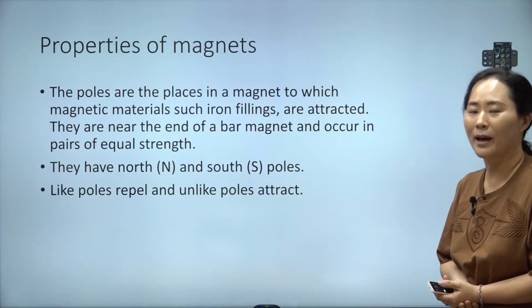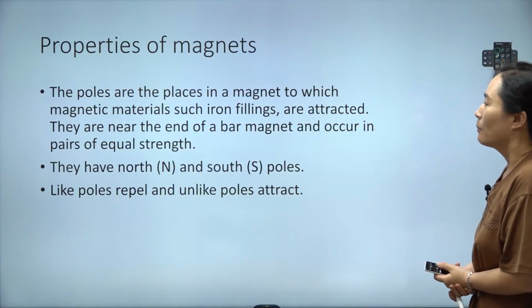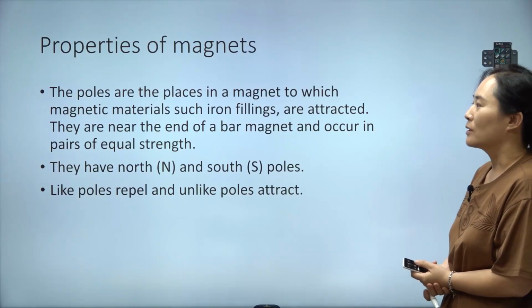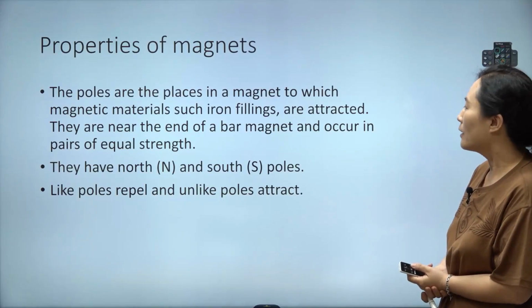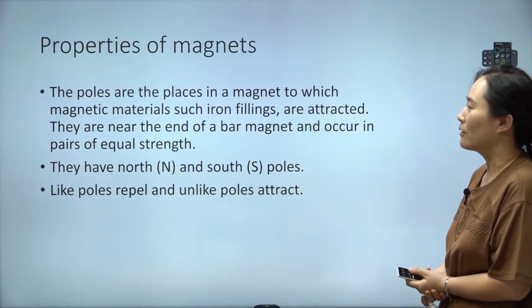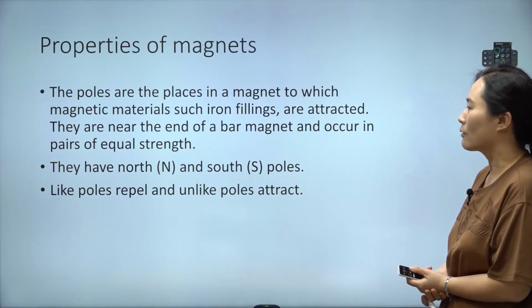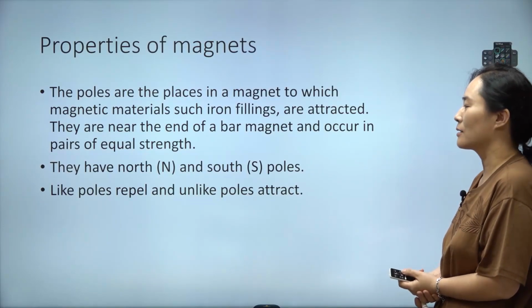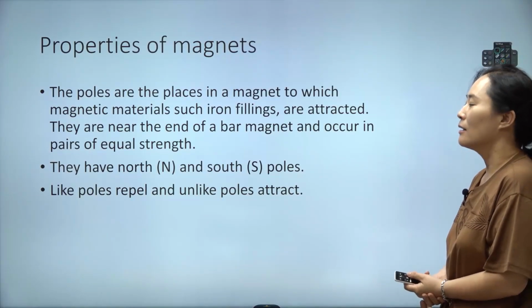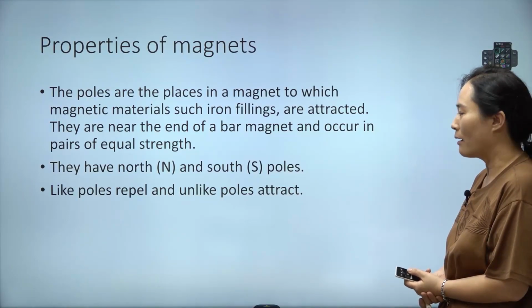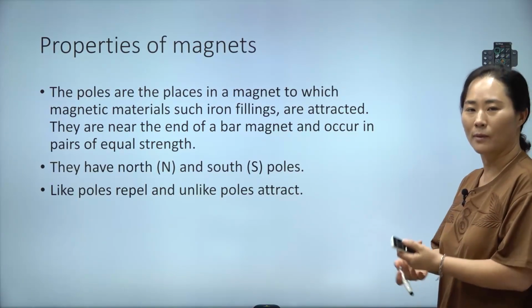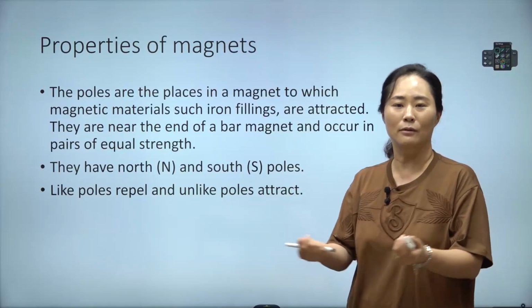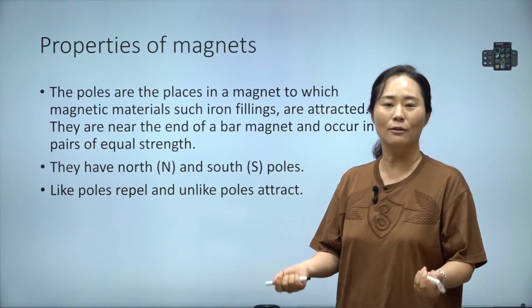So we're going to talk about the magnet first. The poles are the places in the magnet to which magnetic materials such as iron filings are attracted. They are near the ends of the bar magnet, of equal strengths, and one side is the north and the other side is the south, right? Like poles repel and unlike poles attract. That means if you put north to north, they repel each other. North to south, what's going to happen?